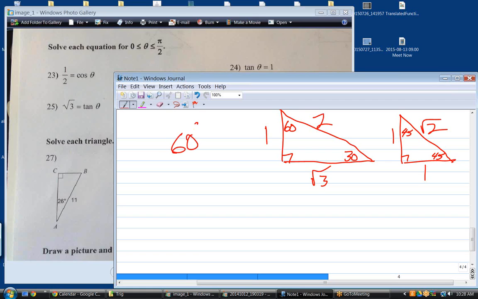Our domain is theta from 0 to 2 pi. So that's the fourth quadrant? Correct. So an angle in the fourth quadrant is equal to that 60-degree angle.